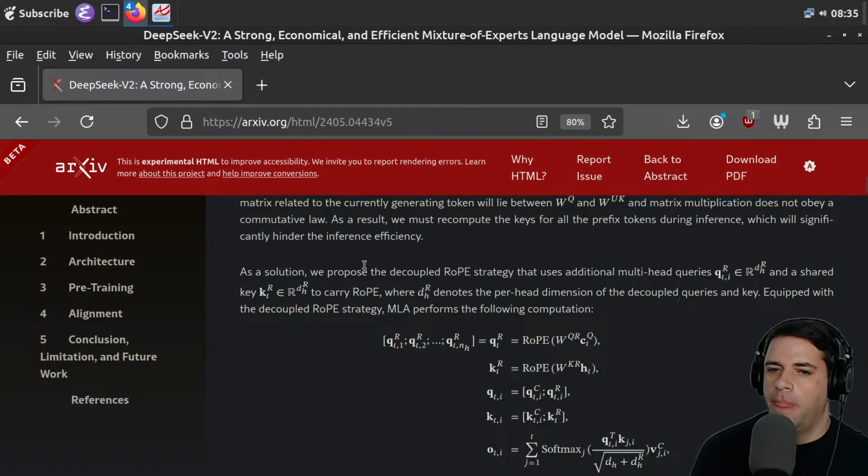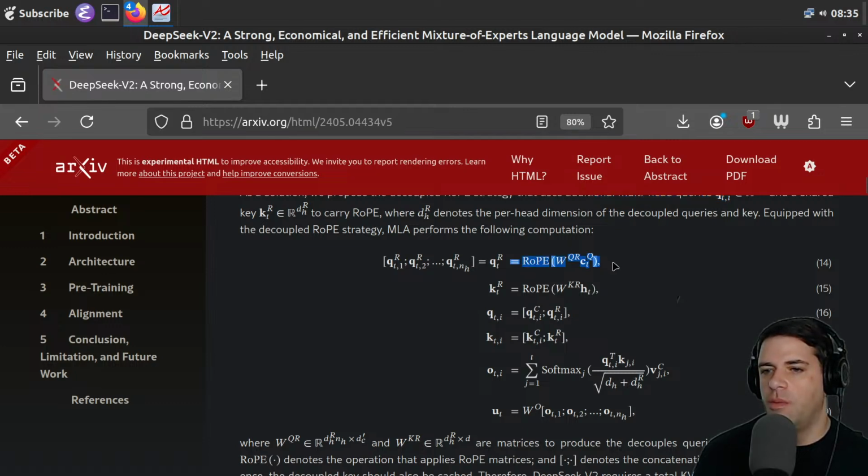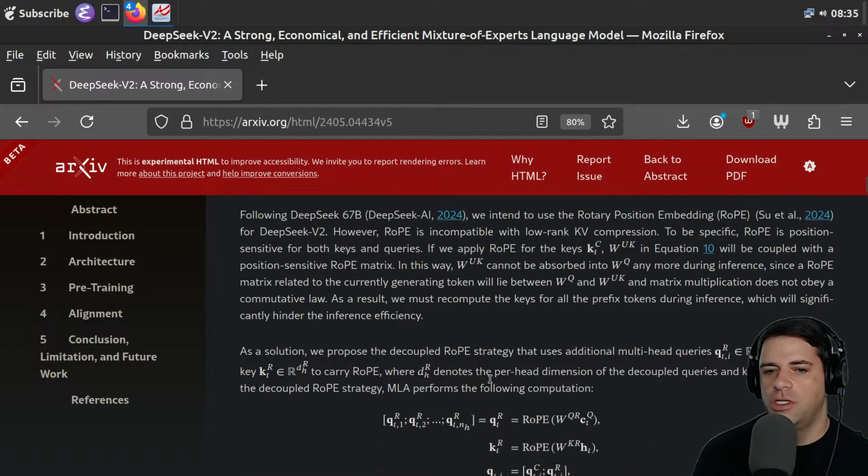Or maybe not. So they propose a decoupled RoPE strategy that uses additional multi-head queries and a shared key to carry RoPE. So we have additional queries and we have a shared key. And so I guess we're kind of learning the RoPE stuff. We call RoPE on some matrix times whatever c_t^Q is.